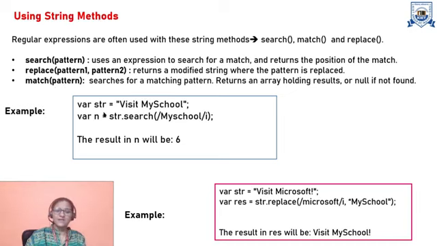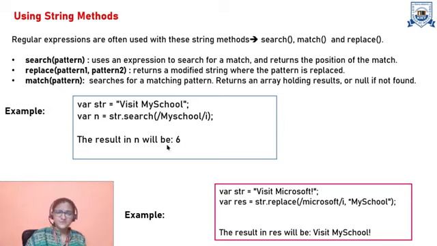In this example, we have taken a variable str. Here we have given the string "visit my school", and we have given the search pattern with str.search. The search method we are using is a string method, and here we have provided the expression, the pattern which we want to search.